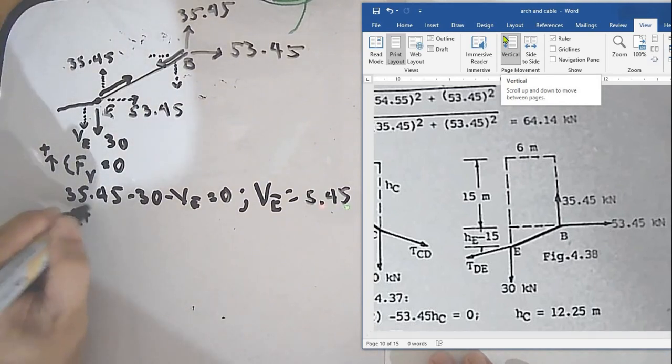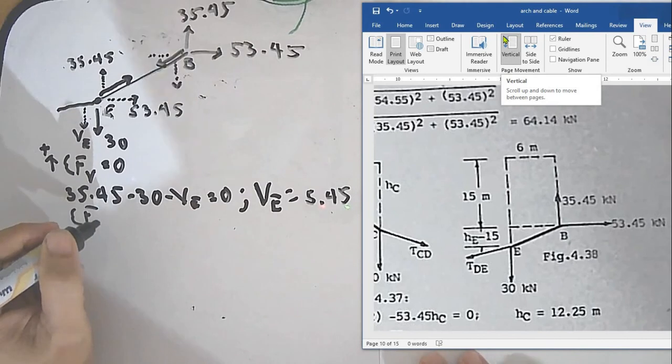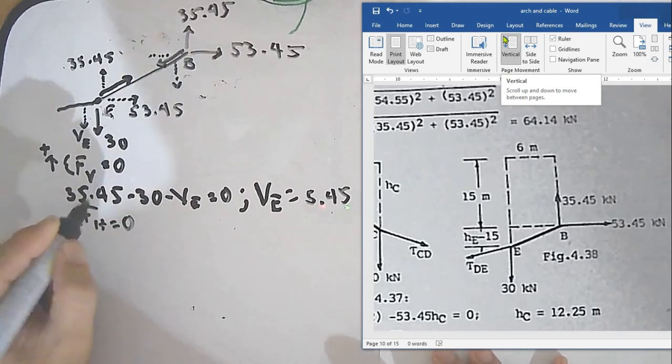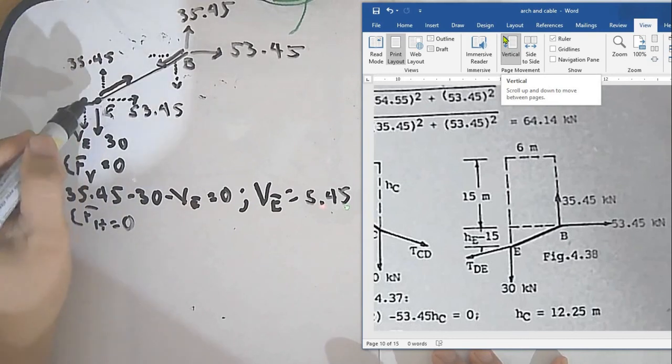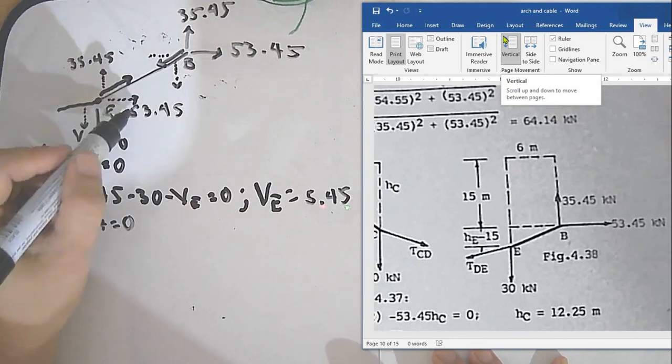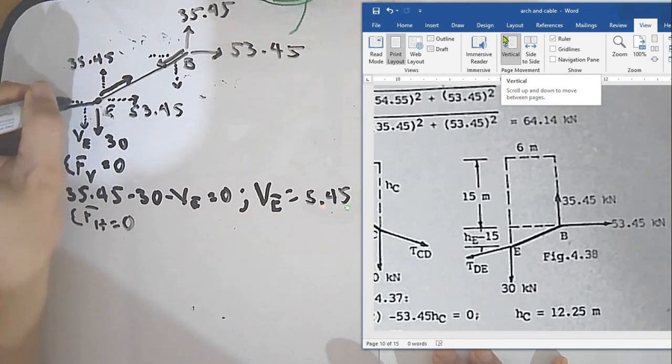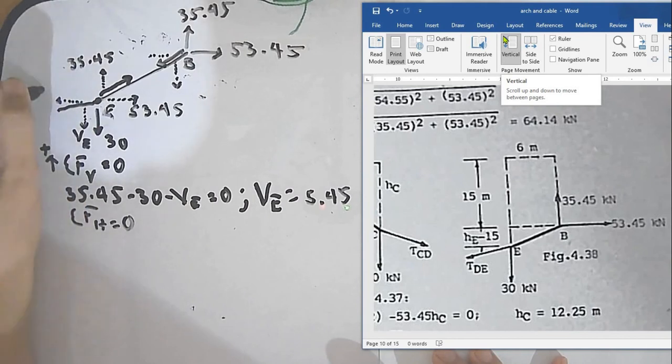Next, summation forces horizontal, okay, is equal to 0. Since walang katapat si 53.45, yang leftwards would be the same as 53.45.